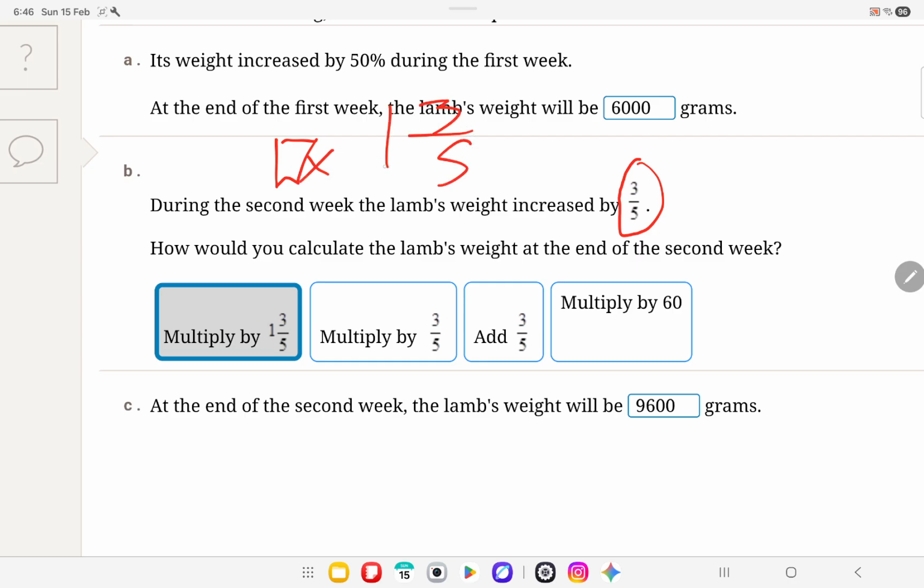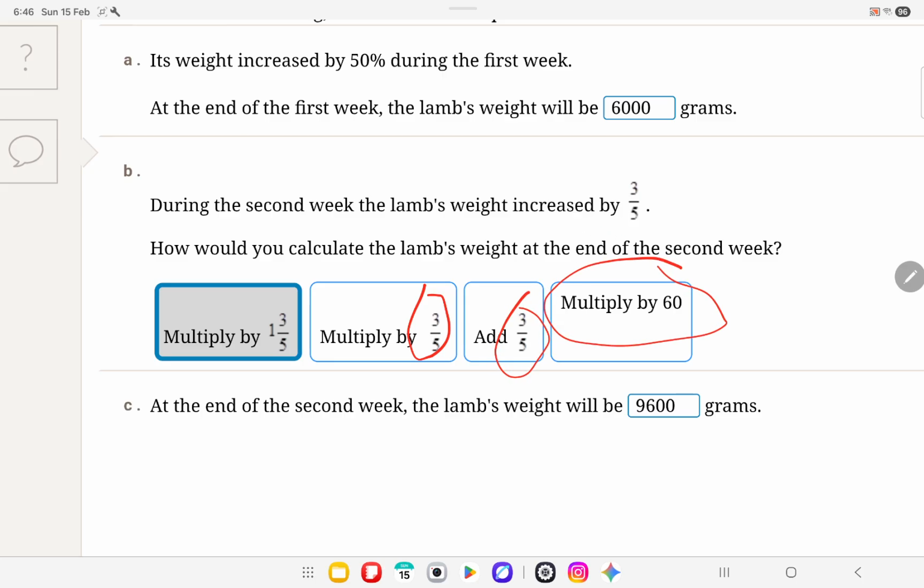Because multiplied by 1, it would be a whole. So basically, the whole keeps it the same and then it adds 3 over 5. Because if we multiply it by 3 over 5, it will decrease by 3 over 5. If we add 3 over 5, that doesn't make sense. And multiplied by 60. Where do you get 60 from? I don't know. So we multiply by 1, 3 over 5.